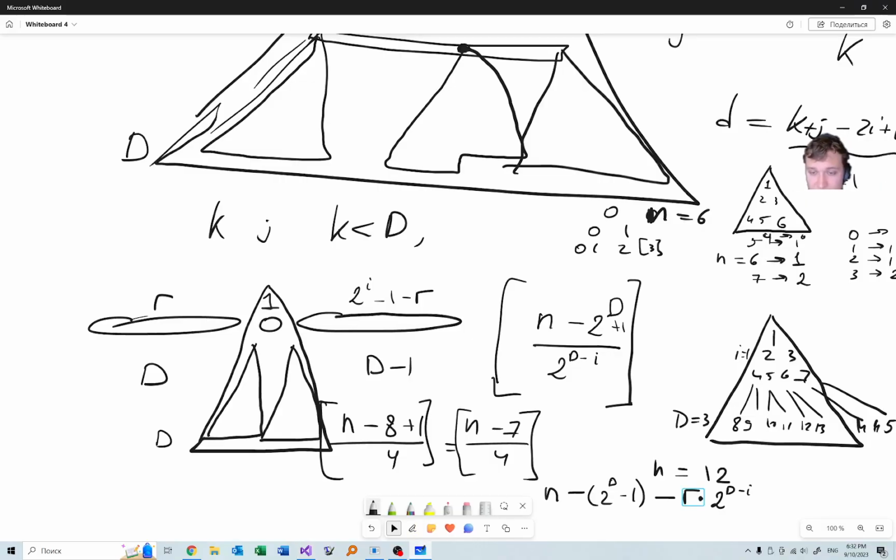This problem is a real mess. After that, we get the number of vertices here.